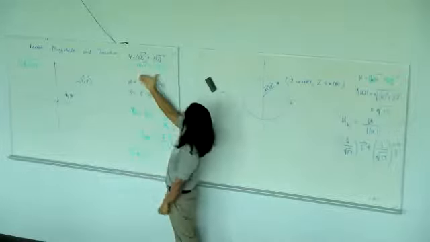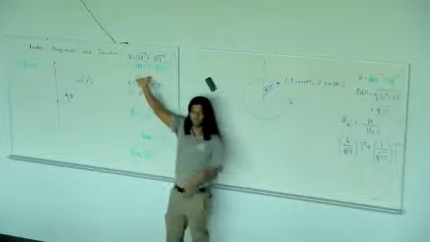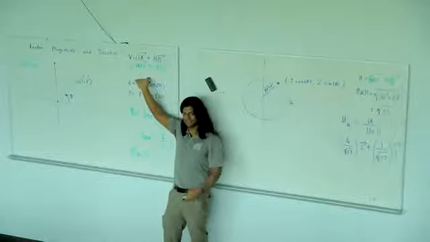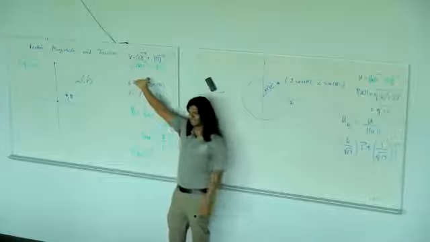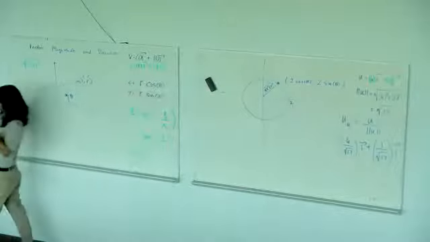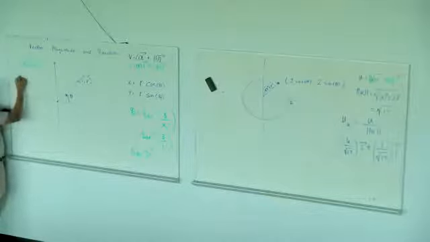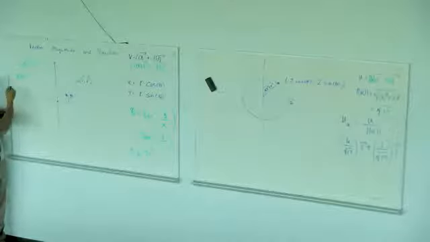If you're finding the square root of x squared plus y squared, what are you finding? The magnitude. So whatever we talked about a long time ago, as in unit circle, in vector language it is simply the magnitude of the vector.